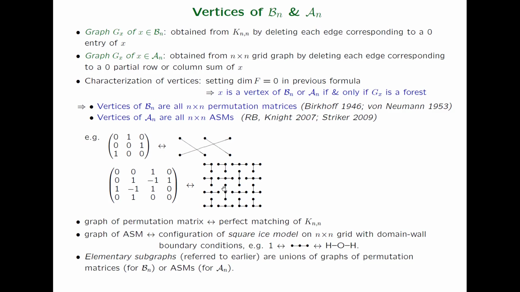So these vertices, which are the ASMs, have graphs which look like this. So you can see that each component is going to be of 6 times this time, and then the 4 times.